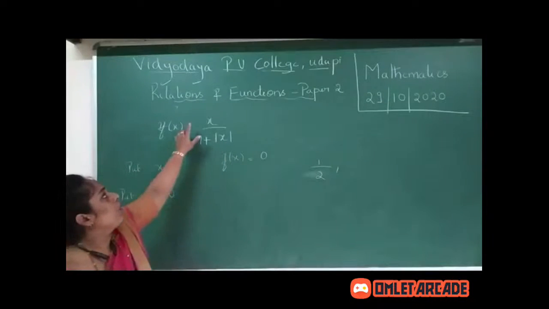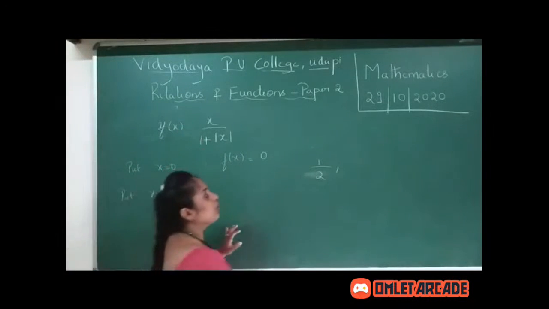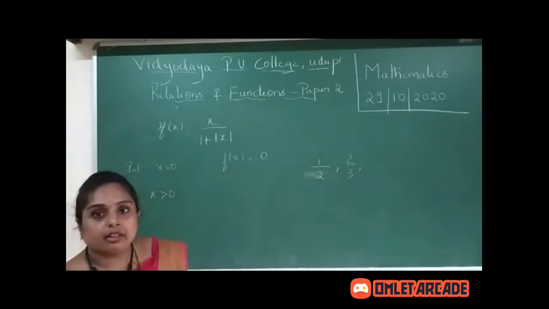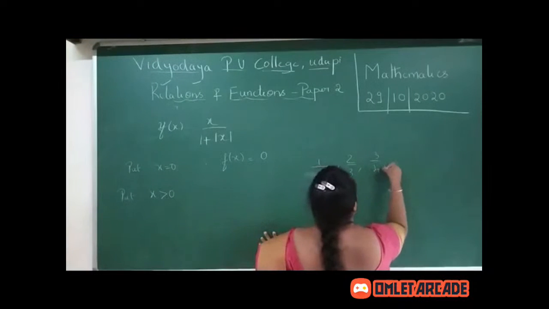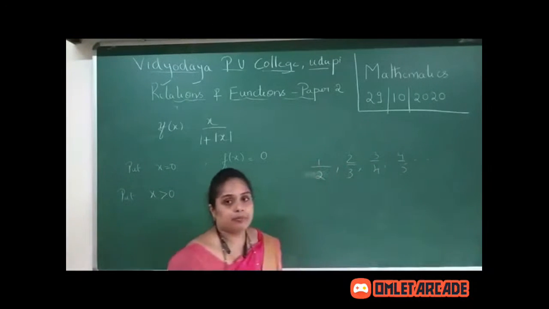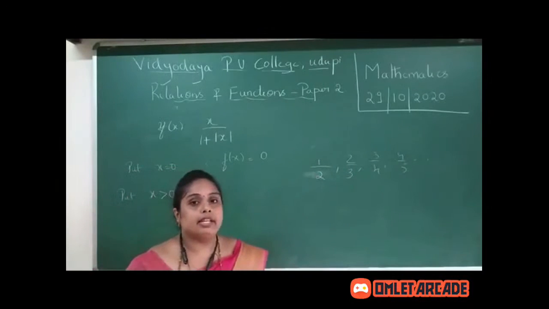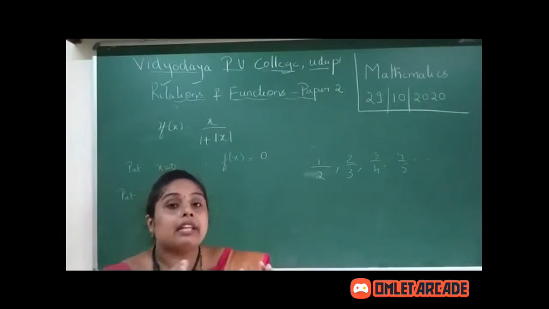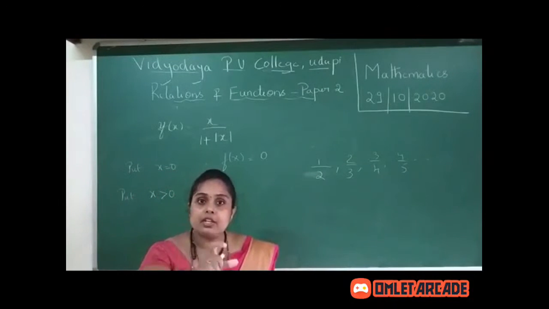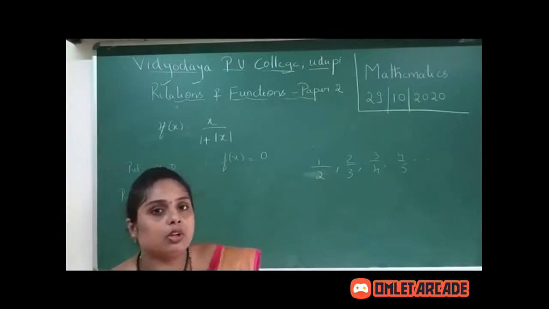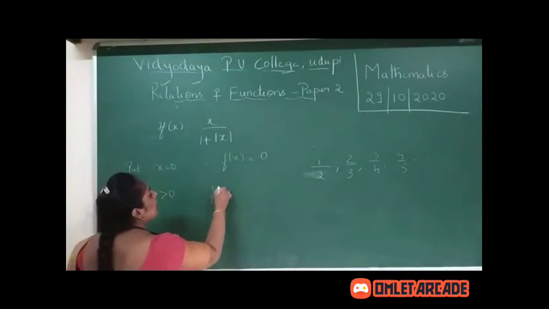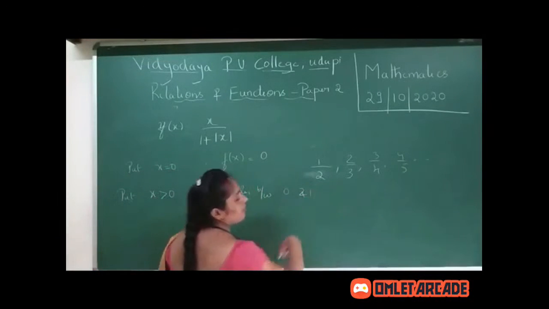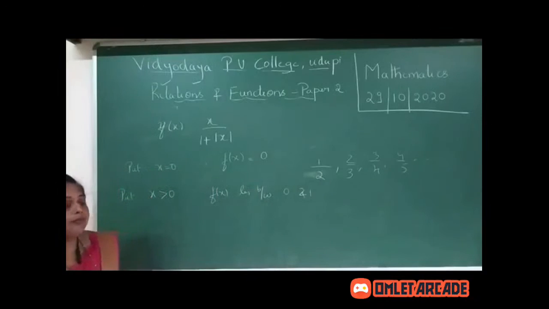What happens if I put 2? 2 divided by 1 plus 2, so 2 by 3. The denominator will be 1 greater than the numerator. So 3 by 4, 4 by 5 and so on. The value always lies between 0 and 1. It's always positive and will not be greater than 1. So here I can say f of x lies between 0 and 1 when x is positive.